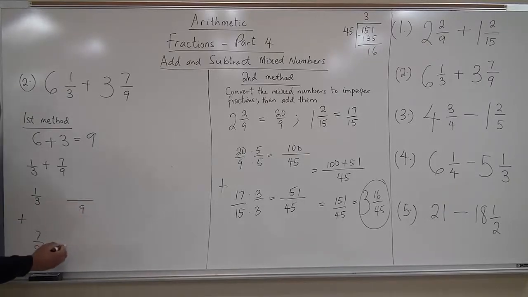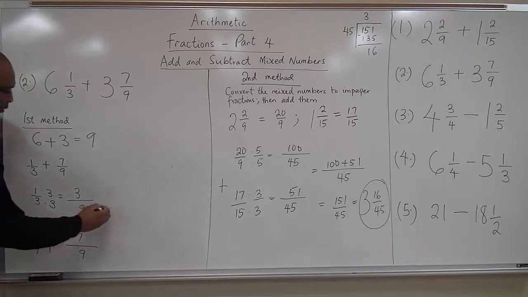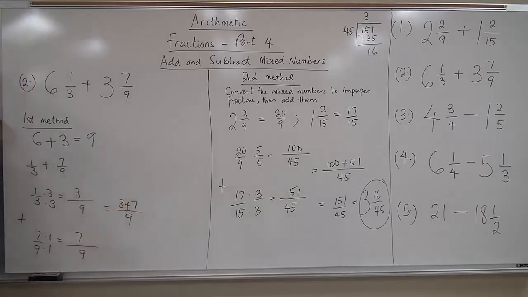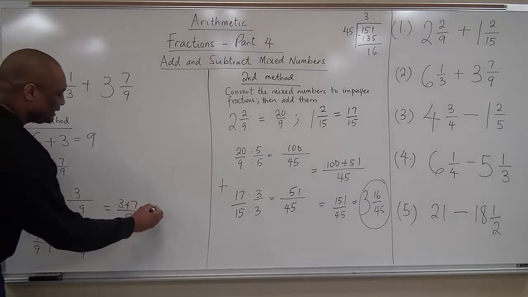LCD is 9. So this is times 3, times 3. This will give me 3 over 9. This will be times 1, times 1. This will give me 7 over 9. So this becomes 3 plus 7 over 9. And this gives me 10 over 9.